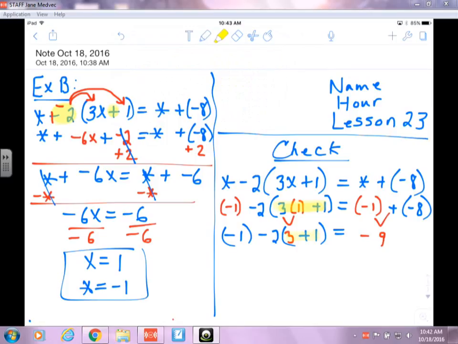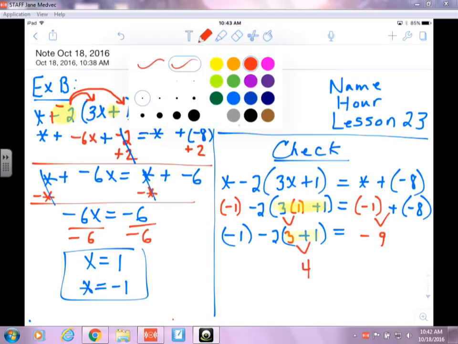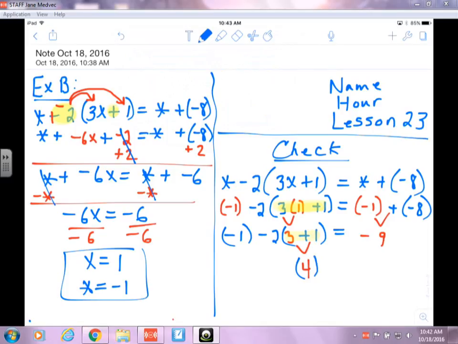Again, I'm still working inside these parentheses. So 3 plus 1 is 4. Okay, now I'm going to work on my multiplication. So 2 times 4 is 8.